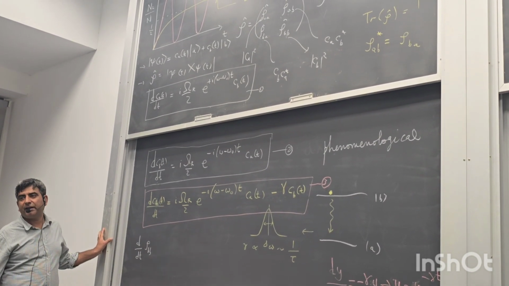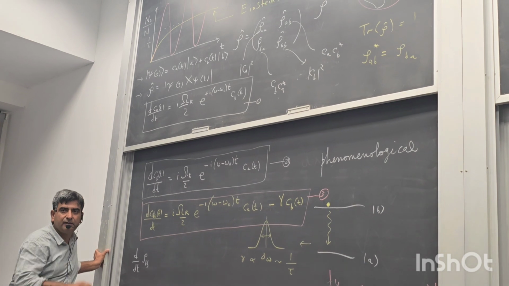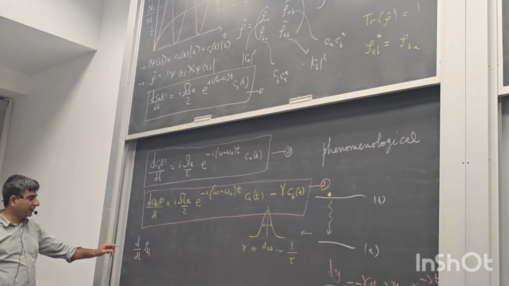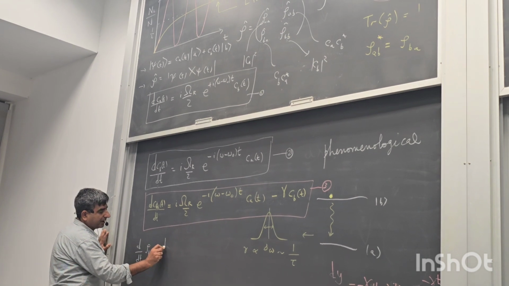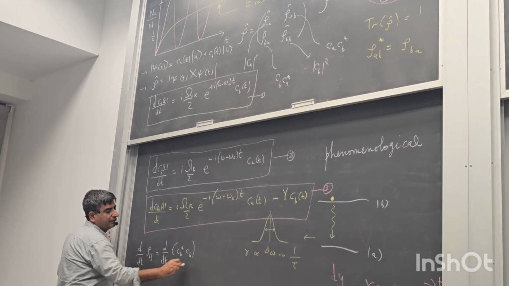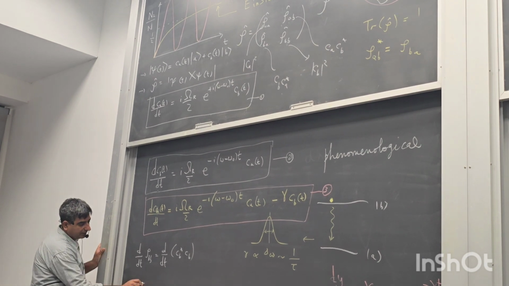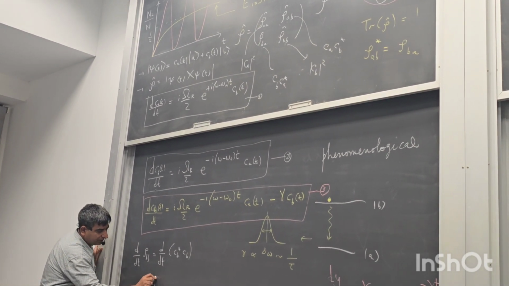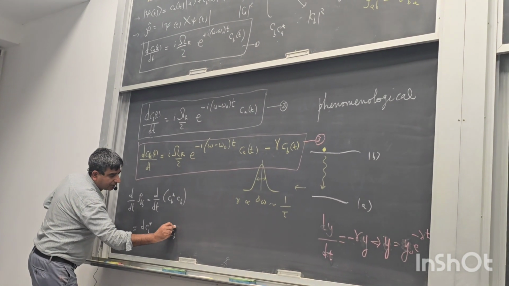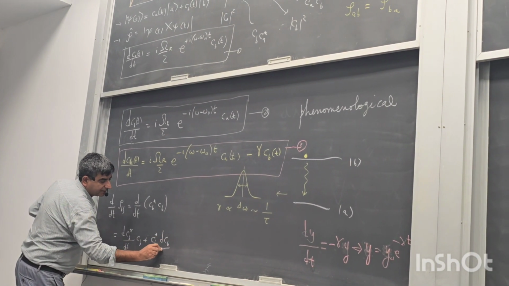Remember that rho AA and rho BB are real numbers because they are populations and they are modulus squared. So I want to calculate this, which really means I want to calculate CB star CB. So I just do the chain rule: dCB star by dt CB plus CB star dCB by dt.